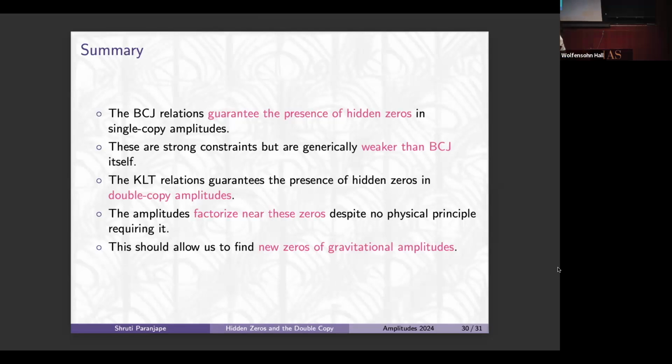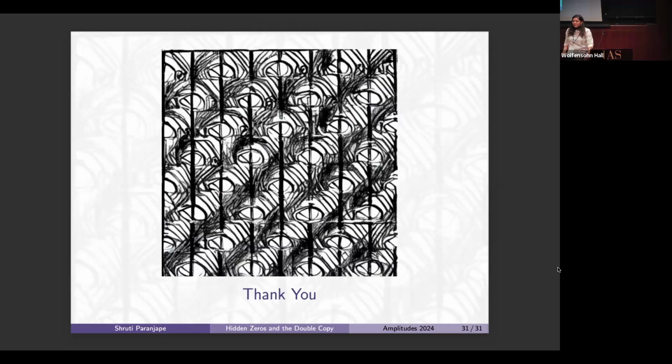In addition, anything that results from the double copy also inherits these hidden zeros. And finally, we discussed how higher derivative or effective field theory amplitudes factorize near these zeros and give you a very particular correction to trace phi cubed. So with that, let me thank you for your attention.